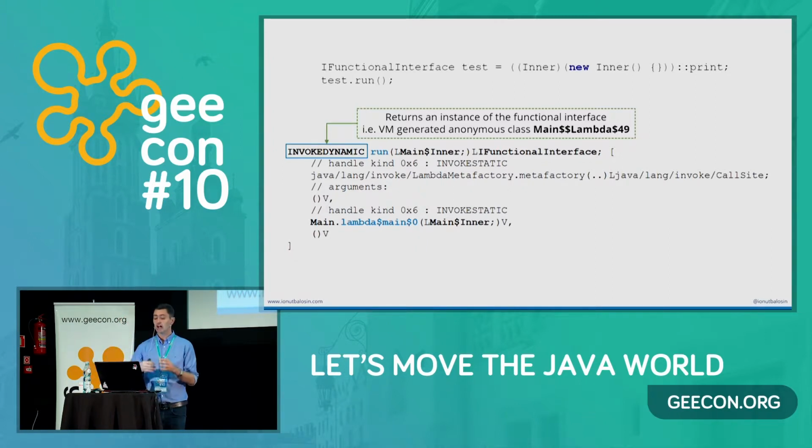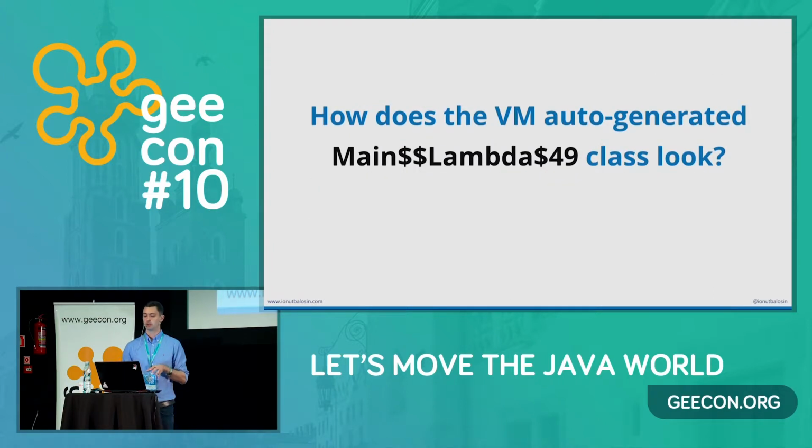And how that instance looks like is that it's basically an instance of a VM anonymous class, which is this main$$Lambda$49. Let's see what this looks like and when it is generated.